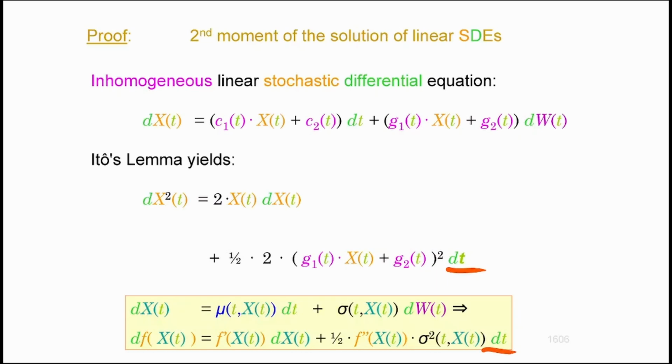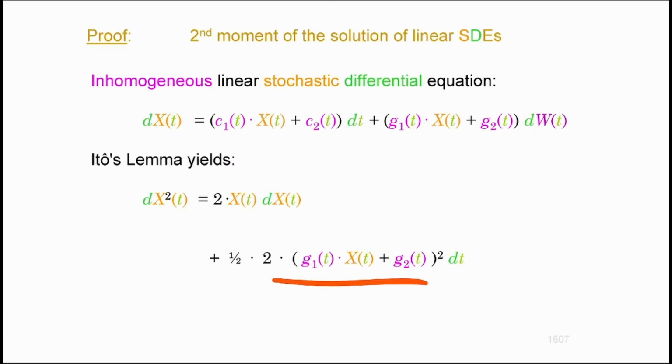Now, this is more difficult than you might think, because what you would need to do is replace the diffusion by this big expression, and then cleaning this up is kind of shaky, but we can do it, so don't worry about it. Anyways, this expression comes from the fact that the quadratic variation of the Wiener process is finite.